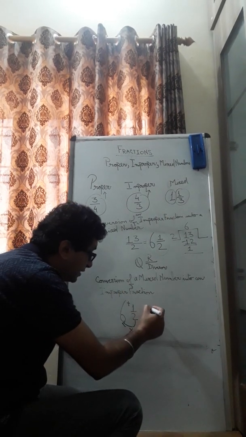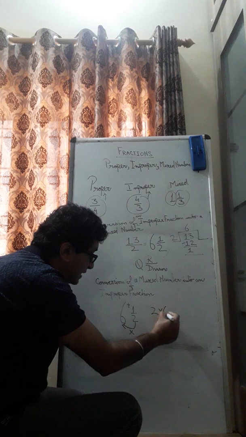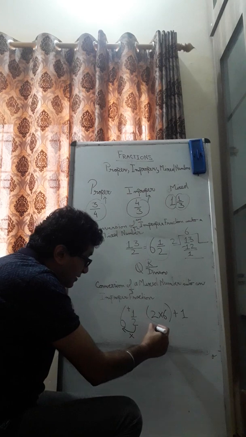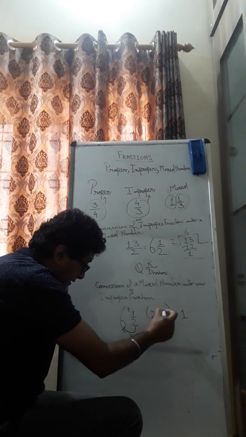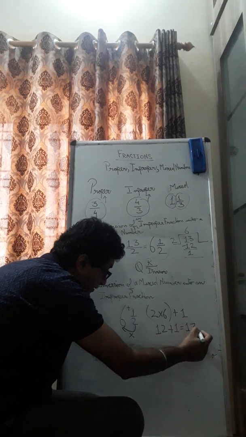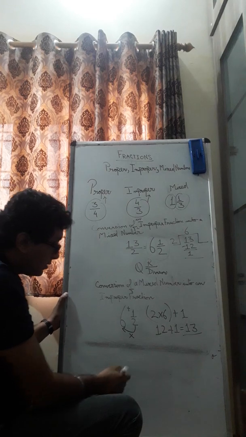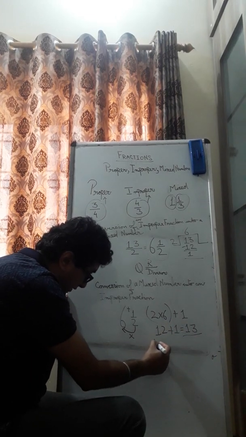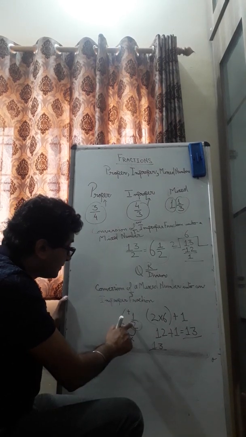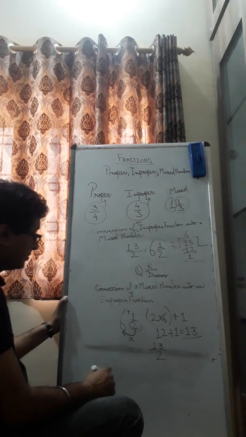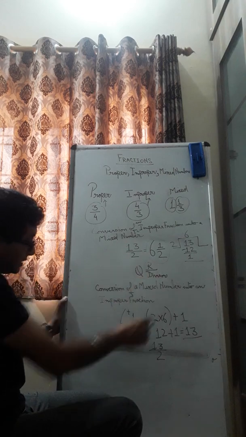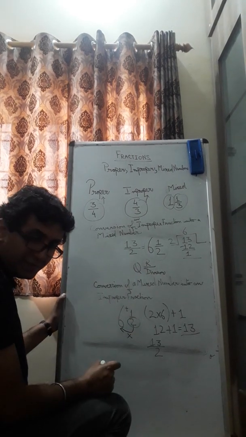I'll show it to you in steps. 2 into 6 plus 1. 2 into 6 is 12, plus 1 is equal to 13. This will give you the numerator. Once you have got the numerator, the denominator will remain the denominator. See, this 13 by 2 is the same as the earlier 13 by 2, and the conversion we did was quite correct. The conversion is correct over here as well.